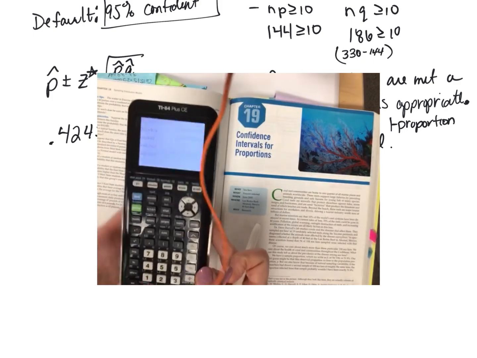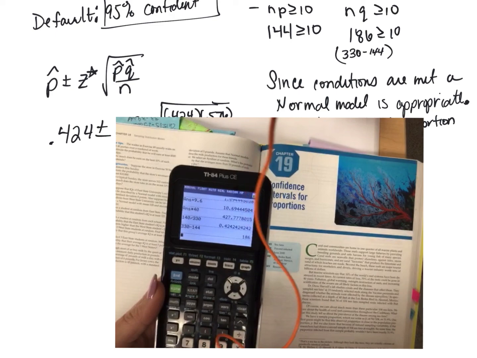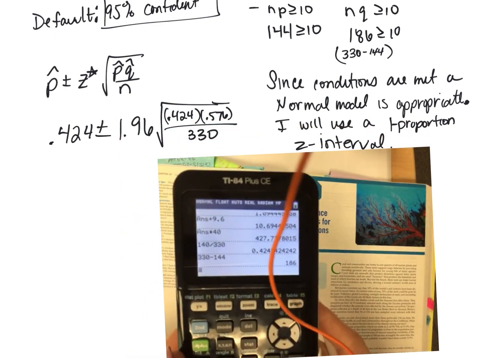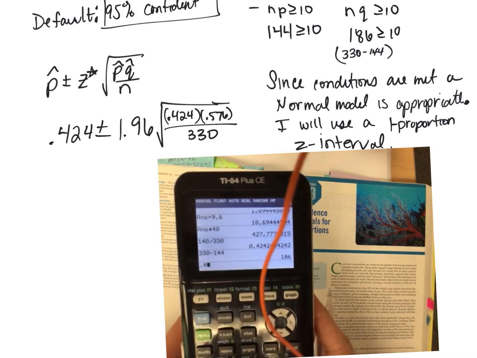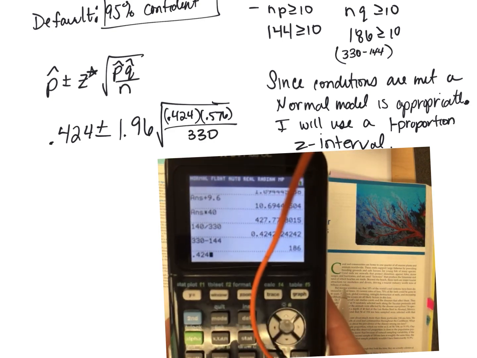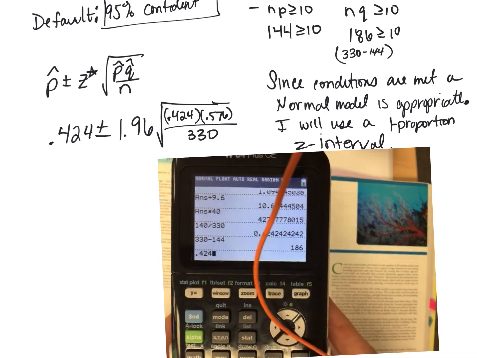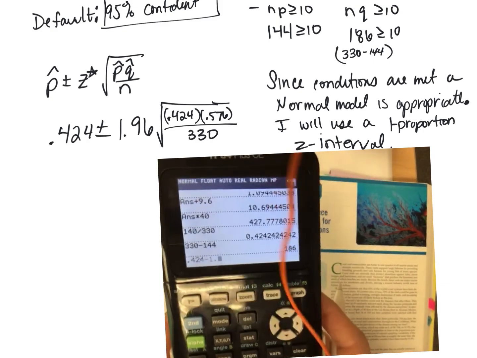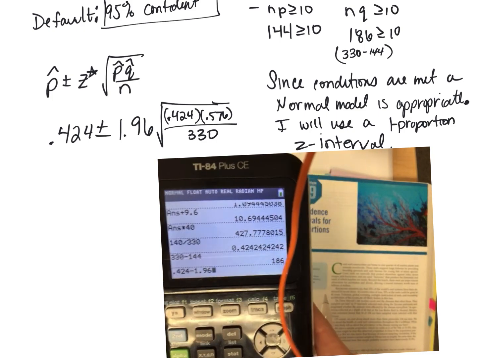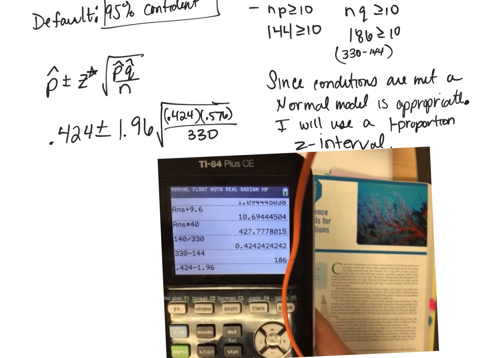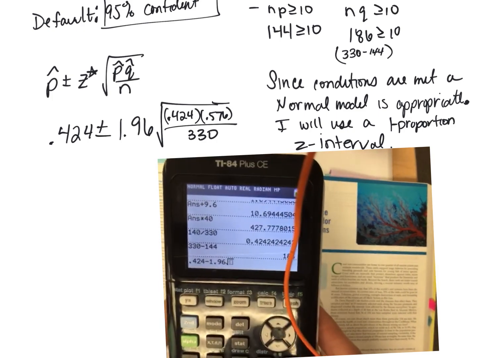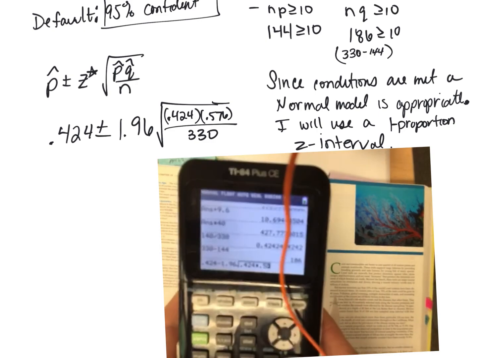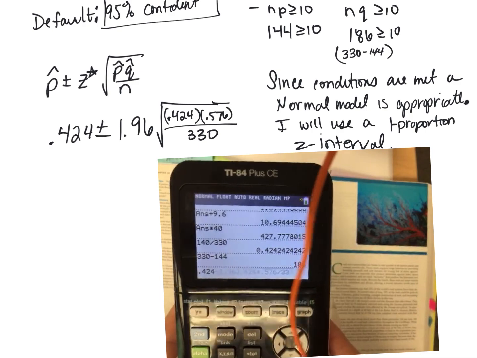Okay. So what does that look like when we're doing it in the calculator? We can do 0.424. Let's do the negative one, minus, first. 1.96. Plus or minus means you got to add it and subtract it. Times the square root, 0.424, 0.576 divided by 330.